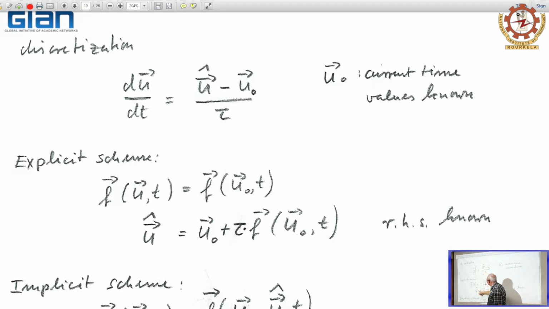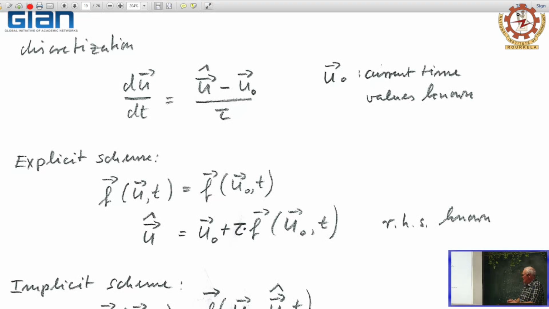So u hat is given by u0 plus the time step times the value of the function f at the old time step. Everything on the right-hand side is known, and the vector at the new time step can be explicitly expressed in terms of the quantities at the old time step t_n.